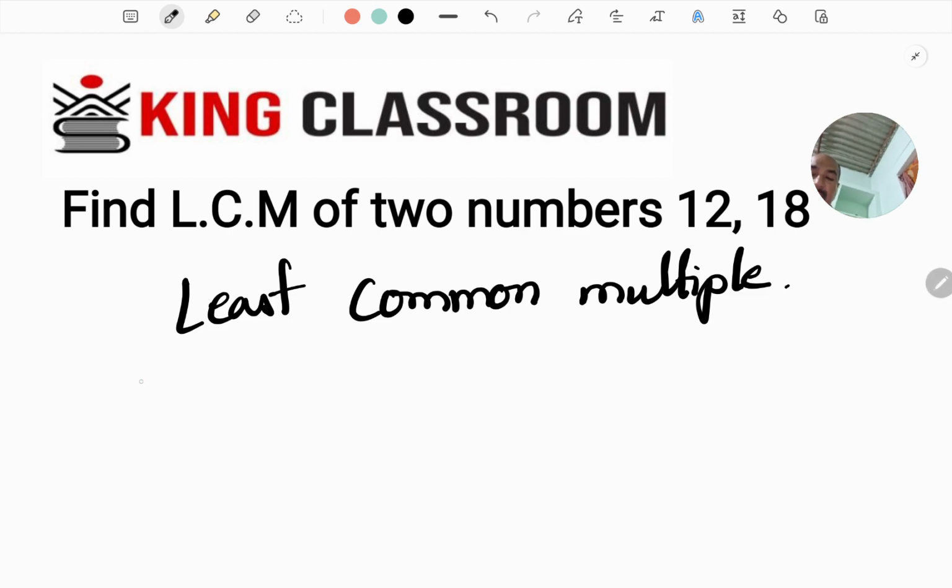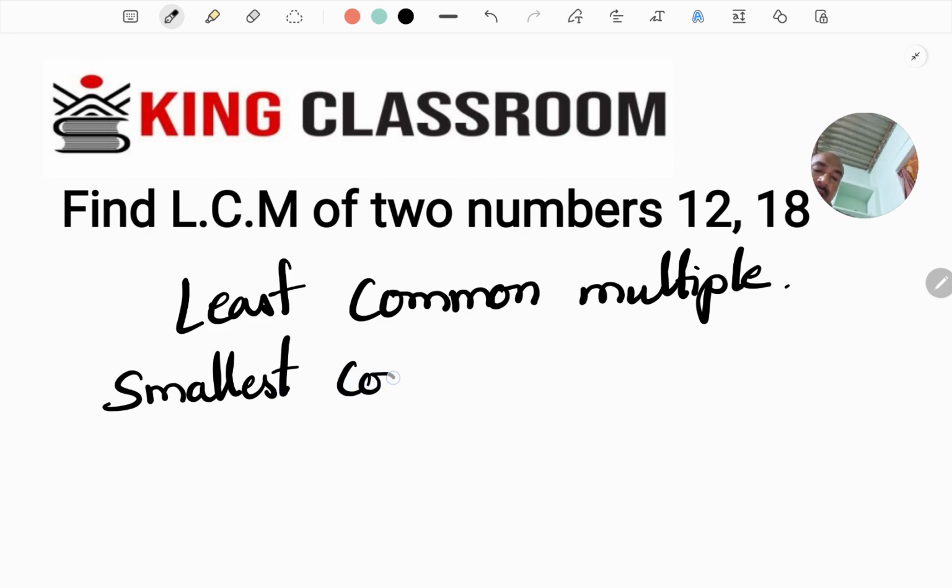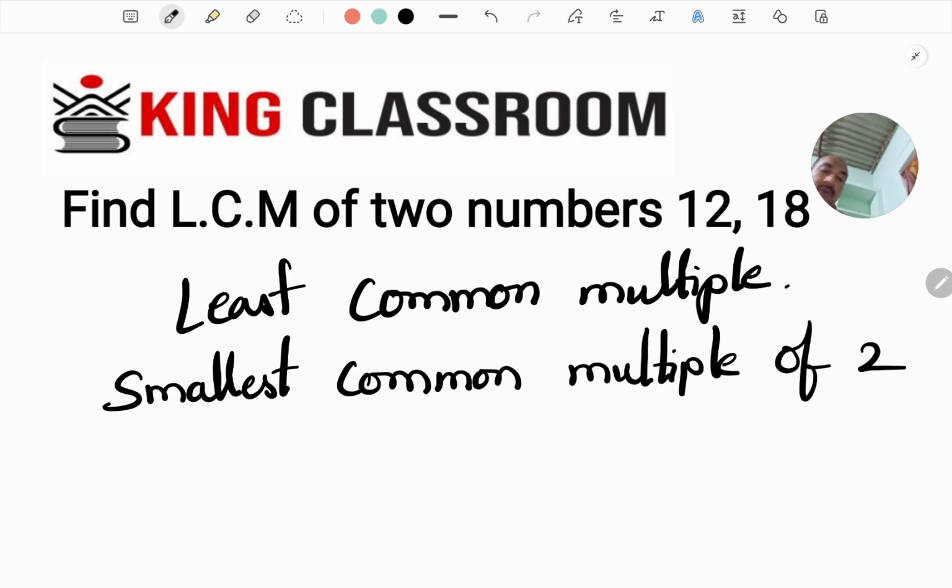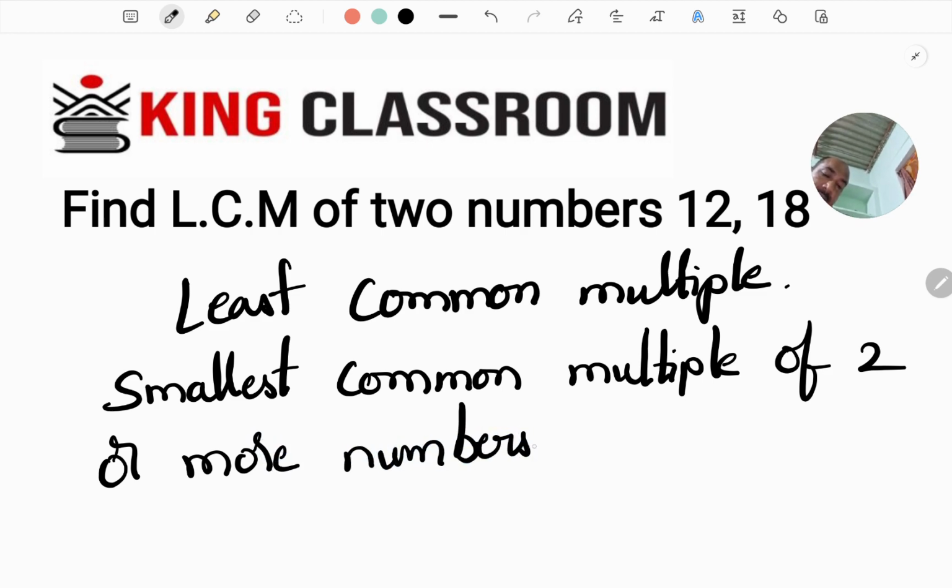Another way, smallest common multiple of two or more numbers.